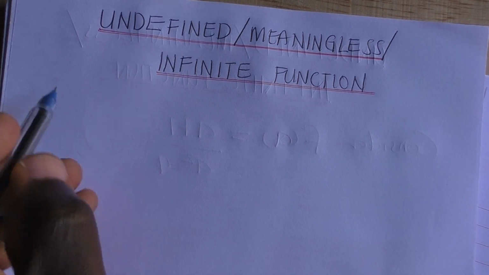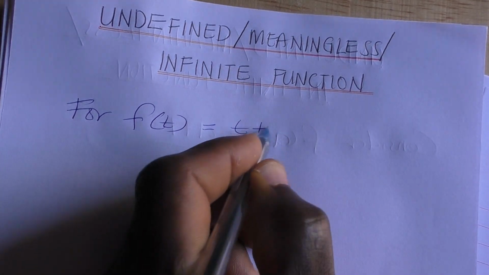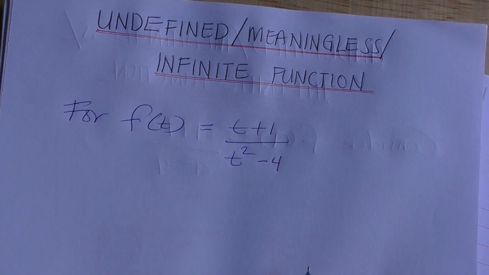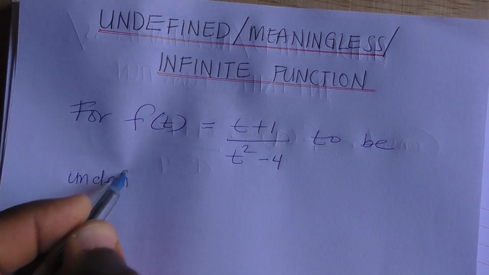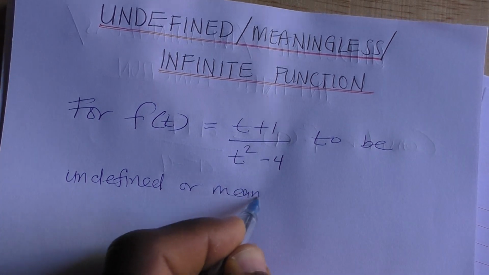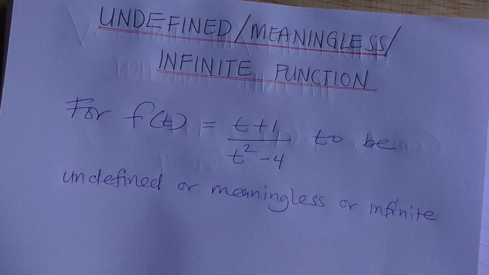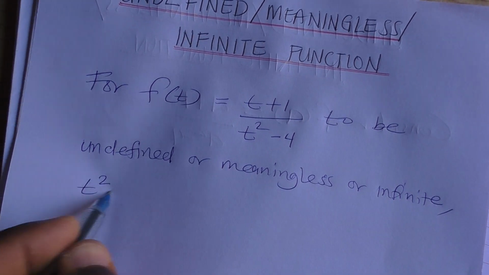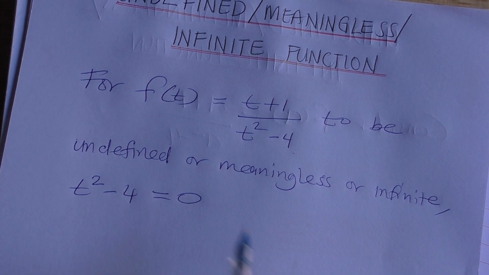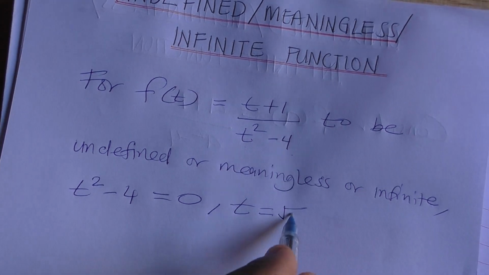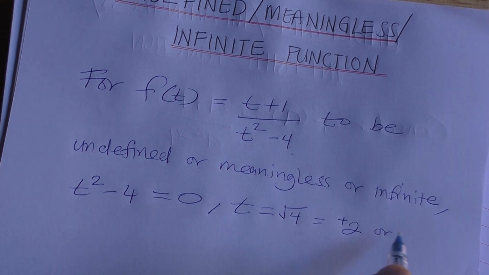For instance, for f of t, which equals t plus 1 over t squared minus 4, to be undefined, or meaningless, or infinite, t squared minus 4 must be equal to 0 because it's the denominator of the function, which will give us t as the square root of 4, which is either positive or negative 2.